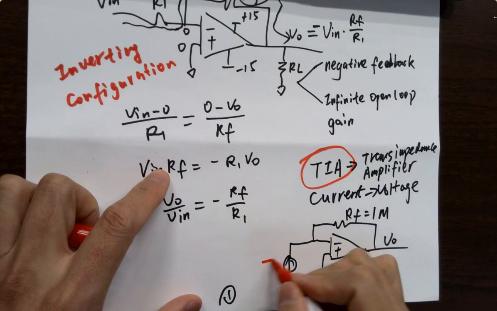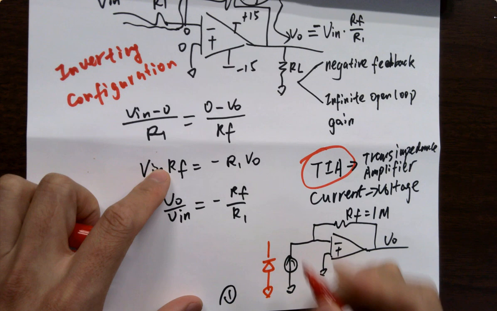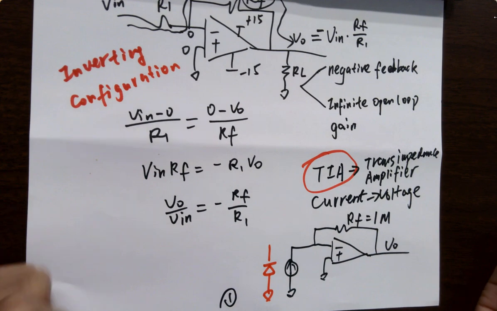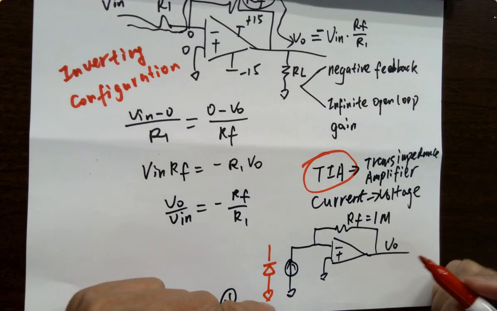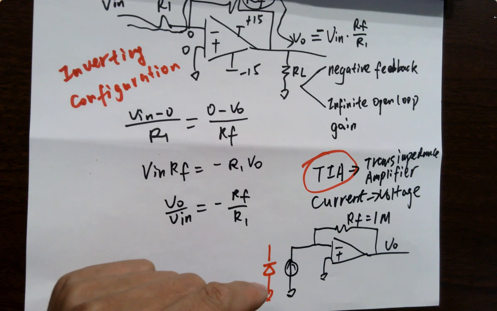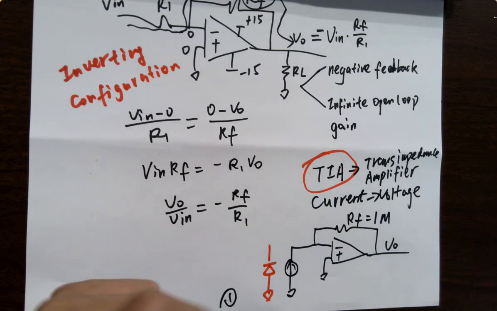So if you have a photodiode, if a diode receives photons, it's going to convert the photons into a photocurrent. Okay, but the opposite way for LEDs, you inject a current, it's going to emit photons, right?